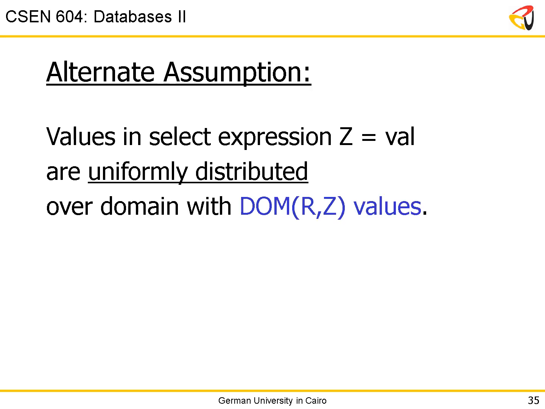Now, there is another assumption, or another way to do this, okay, which is, if the database engine knows about the domain of a column, it would use it instead of counting the number of unique values. And this is actually the reason why one of the good guidelines for writing SQL is, if you can come up with the domain for a column, you should include it when you are creating the table, in the create table statement.